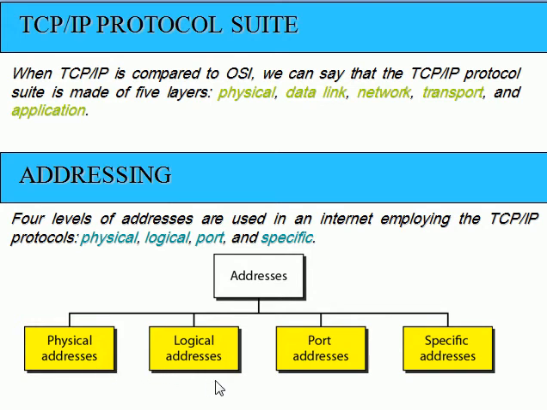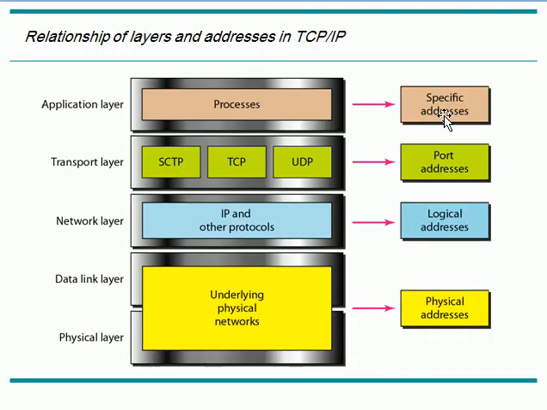There's a logical address. This address is what you need to connect to the internet. This is your IP. There's a port address. This depends on the application which you use, which service you want to use and which port you want to open for that specific service. And there are specific addresses for some applications.